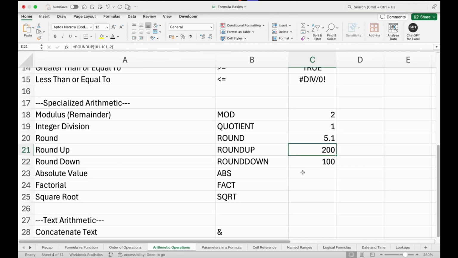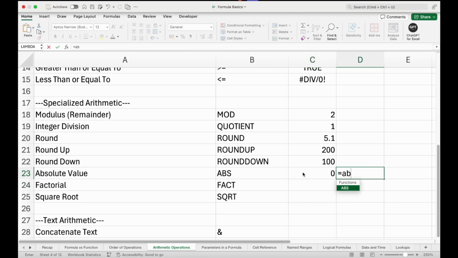Now, absolute value basically converts any negative number to a positive number, and it keeps 0 and positive numbers as is. So we'll look at all the examples. Absolute of 0 will remain 0. Absolute of 10 remains 10 because it is already positive.